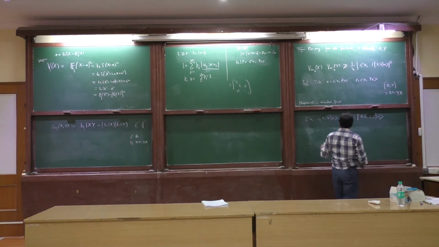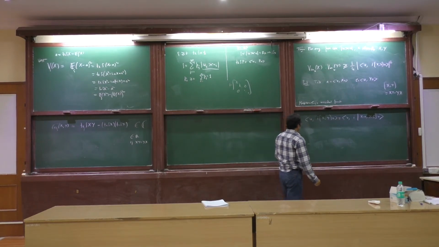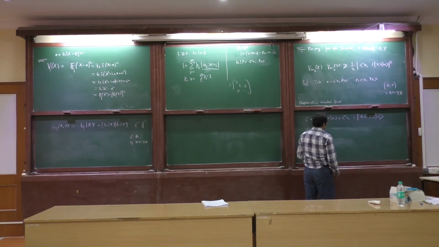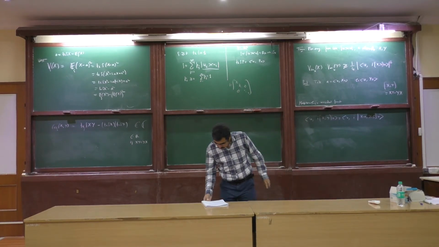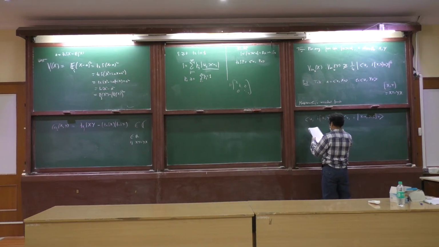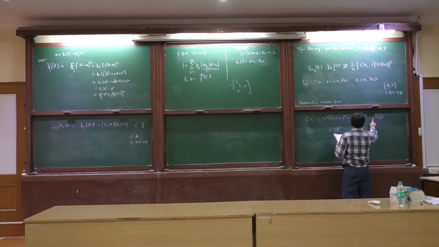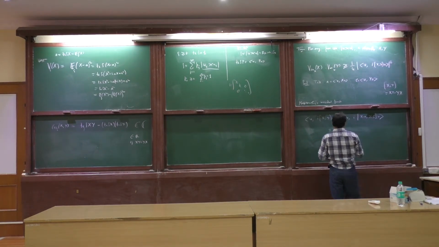Whatever scalar you add to x or y, the commutator will not change. So it's the commutator of x minus a and y minus b. My inner products are linear in the second variable, so I take that i outside.